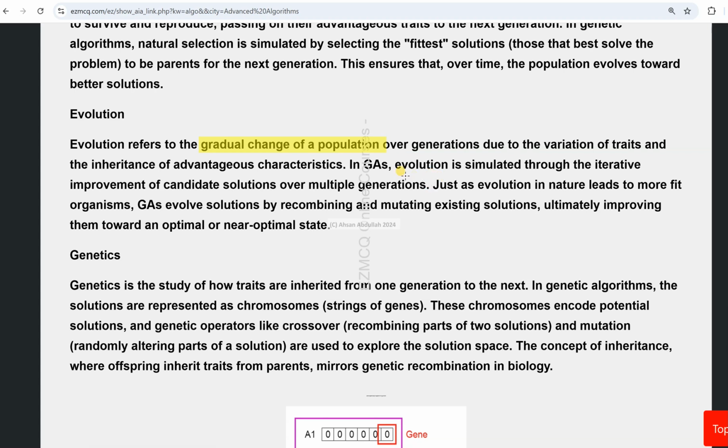In genetic algorithms, this process of evolution is simulated. Of course, there are no real creatures; it is simulated by the iterative improvement of the candidate solutions over a period of time, and that takes multiple generations. So one thing is clear: genetic algorithms take time.